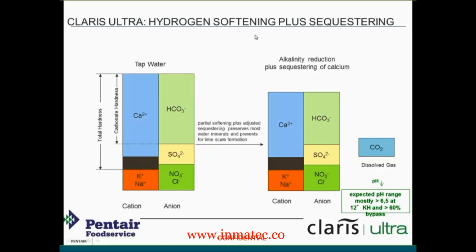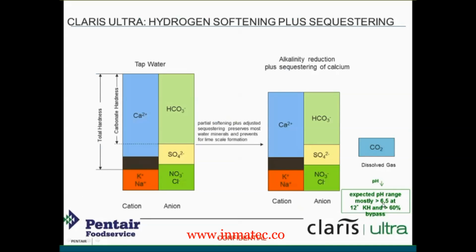Clarus Ultra is hydrogen softening plus some sequestering. So what happens is we're able to function at a lower bypass setting, remove alkalinity to a point which we want to. We've lowered both of these, dissolved CO2, but we don't get as much of a pH drop because we're removing less. We're not adding as much acid back.